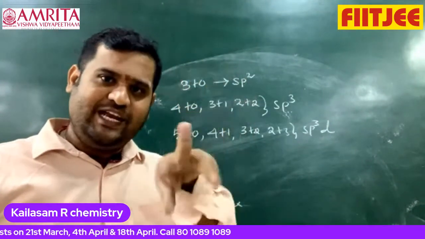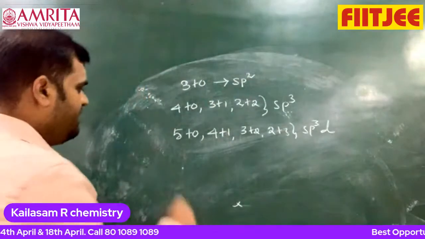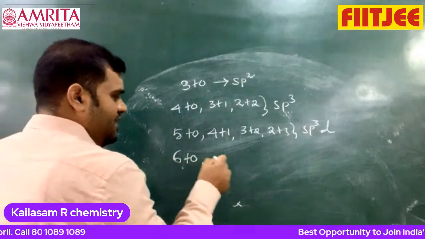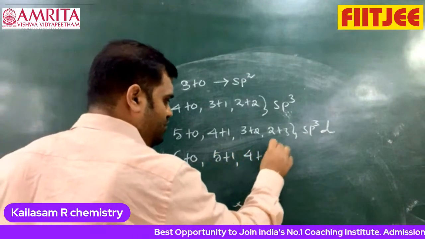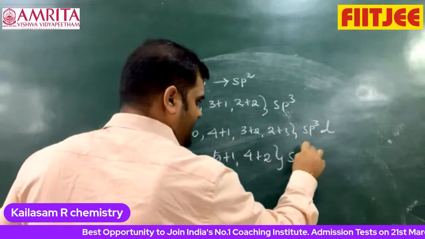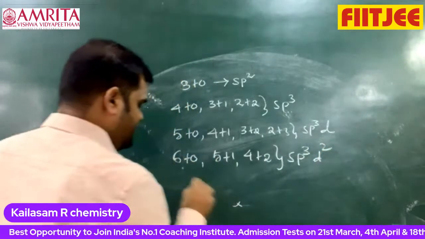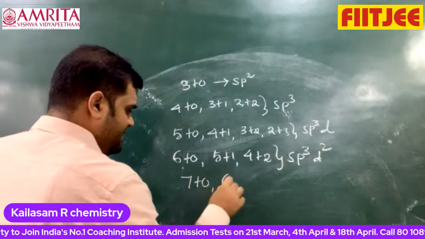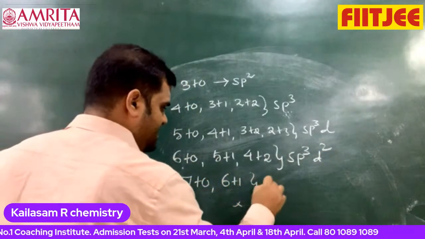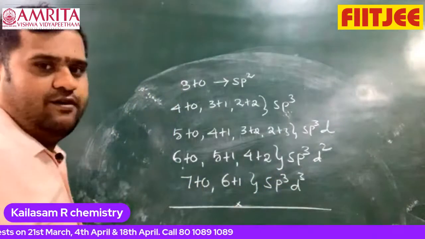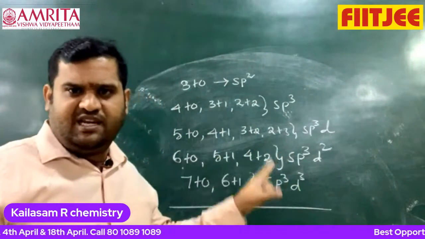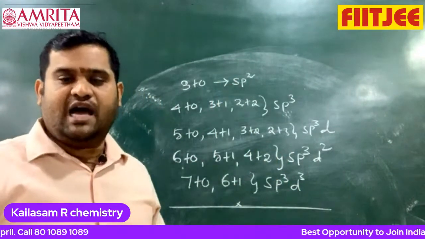Suppose I have 6 plus 0, 5 plus 1, 4 plus 2, that is sp3d2. If it is 7 plus 0, 6 plus 1, that is sp3d3. That's all. This is how the VSEPR theory is linked with hybridization.